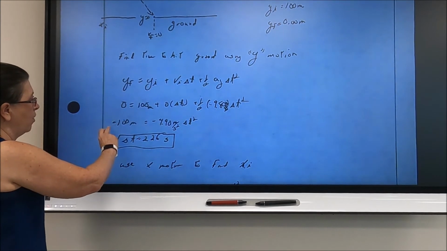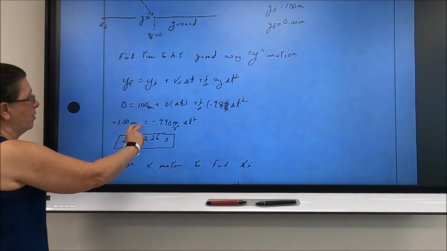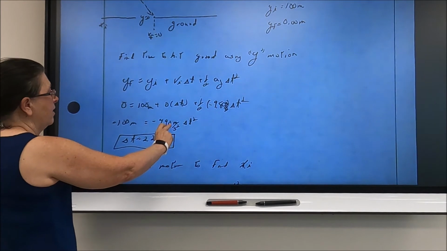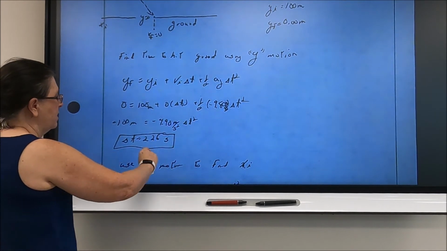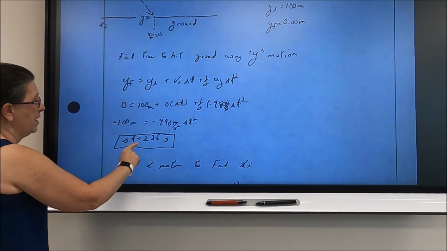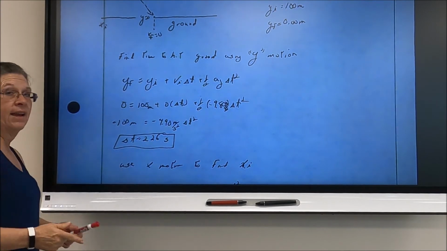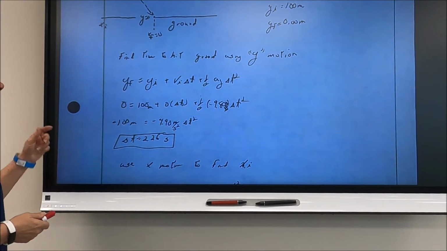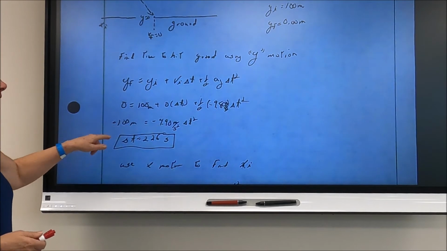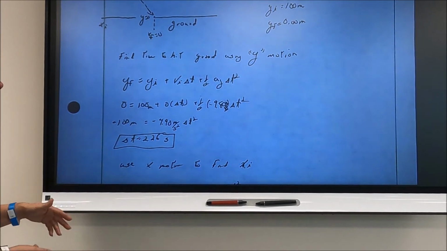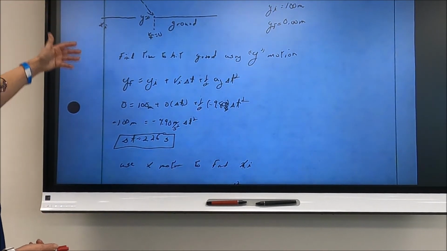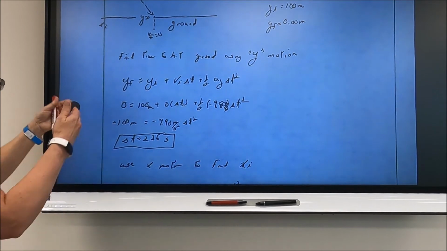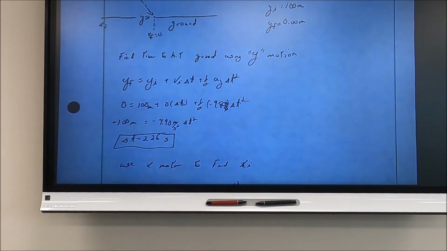Take the 100 over: minus 100 meters equals minus 4.90 meters per second squared delta t squared. We solve for delta t, we get 2.26 seconds. So I now have time. Notice how I box that in. Every time you solve for something, I want you to box it in, and I want your problems to be laid out in this kind of neat, orderly fashion.